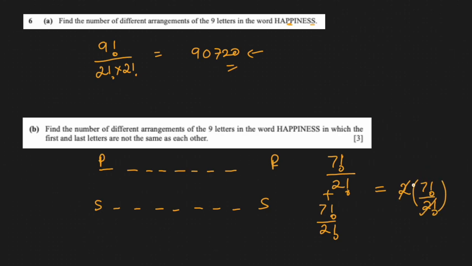Just 7 factorial. So from total 90,720, if we subtract 7 factorial, okay, because these two cases we don't want. That's it. First and the last are not the same as each other because others are not repeating, so we can't have other cases. So only these two cases. So this is what we should find out.